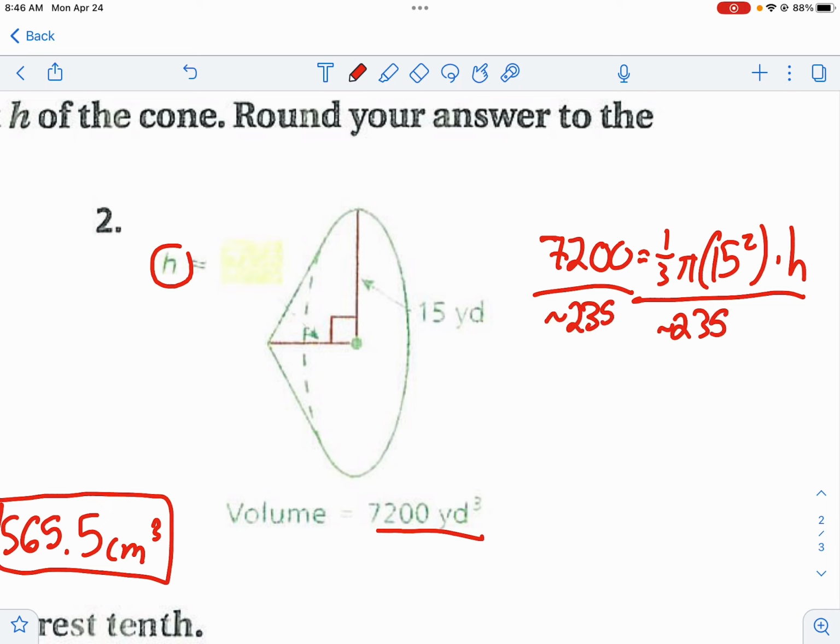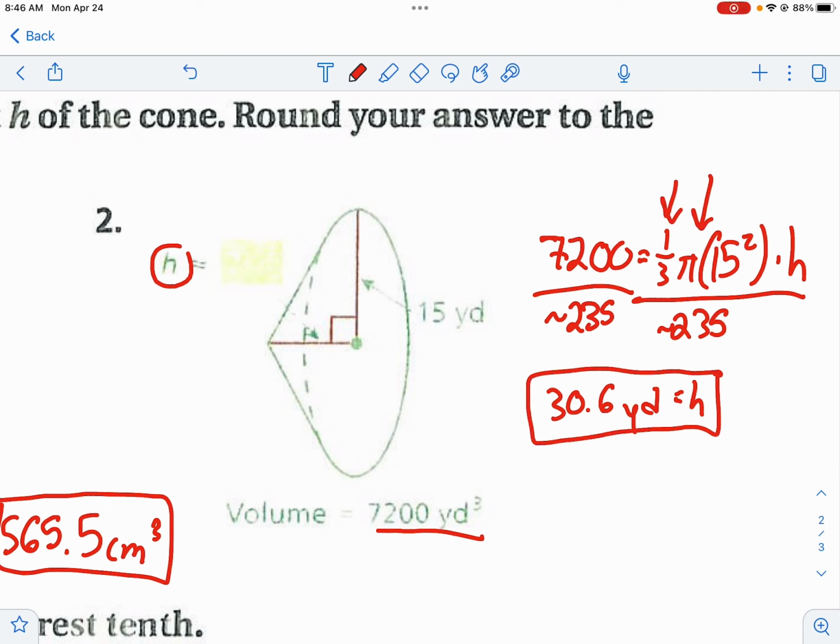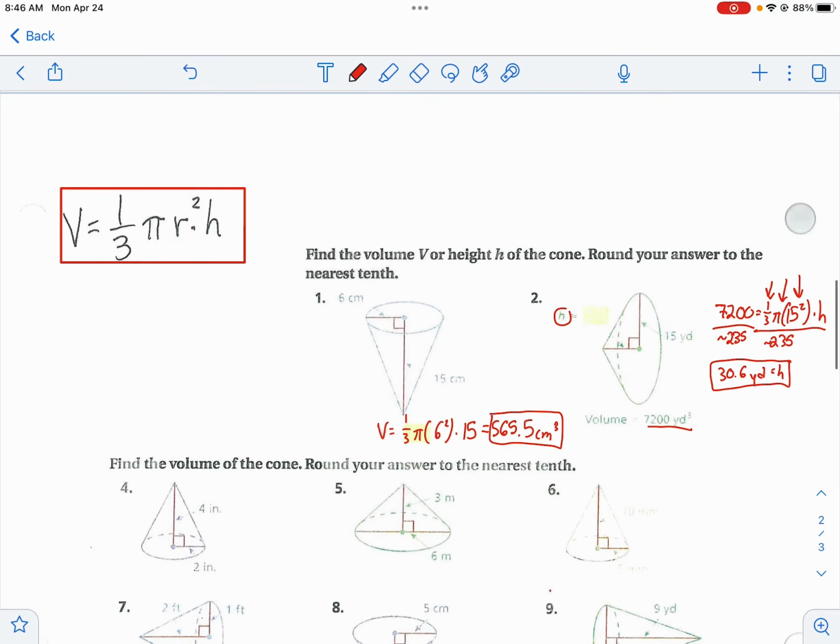I'll take that exact value, 7,200 divided by that 235 number, gives me 30.6 yards is my height. Okay, so I just multiplied all these guys, and then I divided by that number to get h by itself.